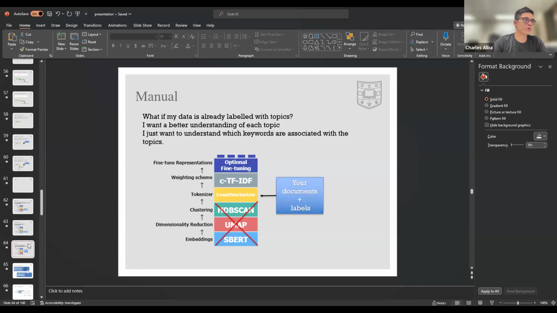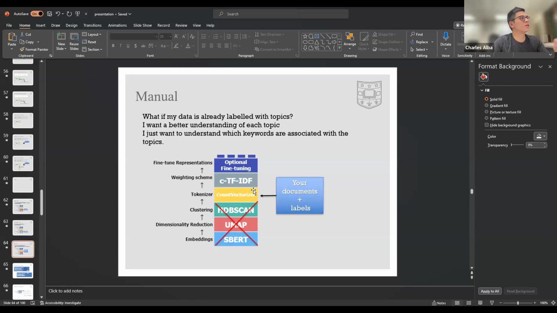So manual, this is very confusing, I know, but what if my data is already labeled with topics and I just want a better understanding of each topic? I just want to know what keywords are associated with topics, right? So you skip the entire pipeline; there's nothing involved at this point. You're just inserting your documents and labels and it performs TF-IDF for you.